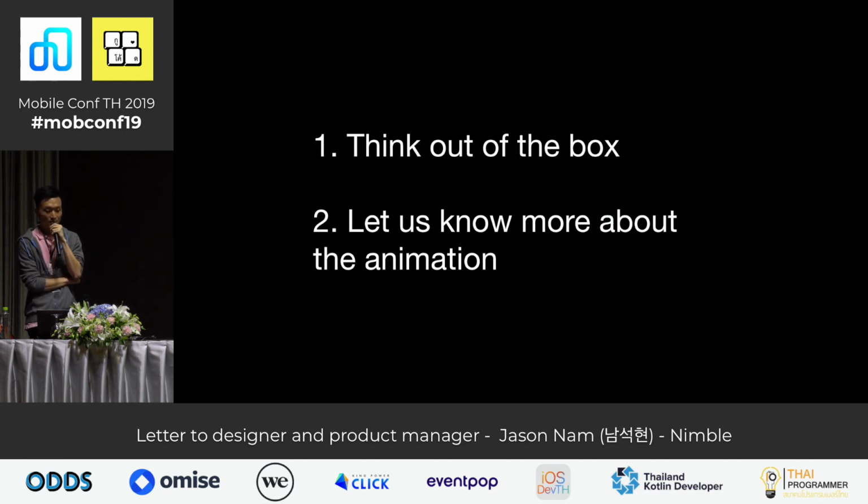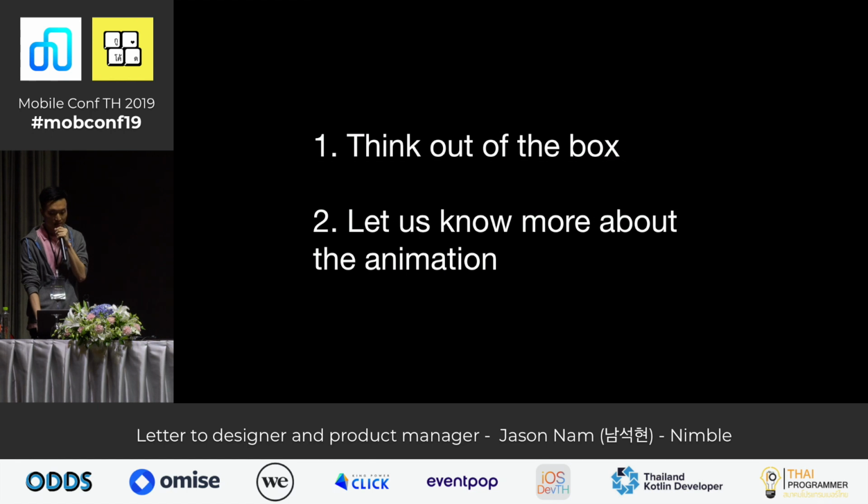I think this is the problem the industry is solving now with all those tools we are using for design, like InVision or Figma. I think this is what we are trying to solve.